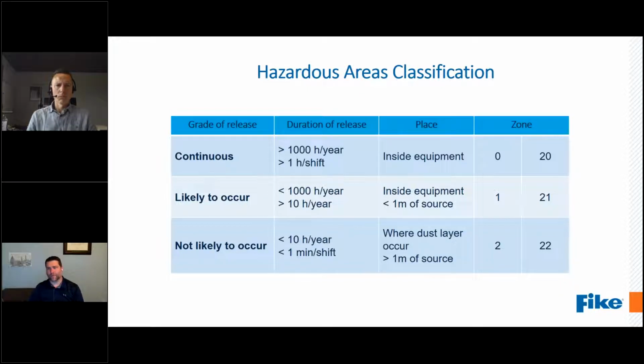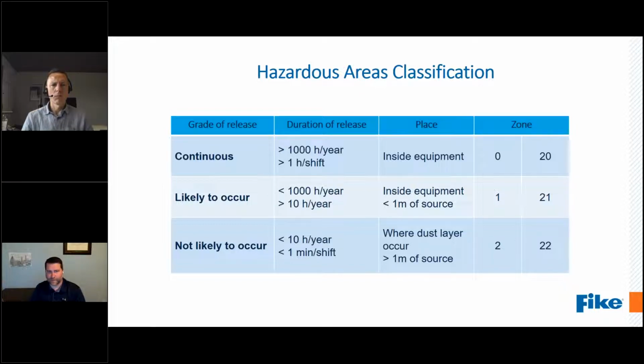Now, if you're more familiar with the NFPA class division system, where you have class 1 for vapors and class 2 for dust, and division 1 and 2, a difference with ATEX, as I've gone through, is that we talk about zone 0 or 1 or 2 or inside of equipment.